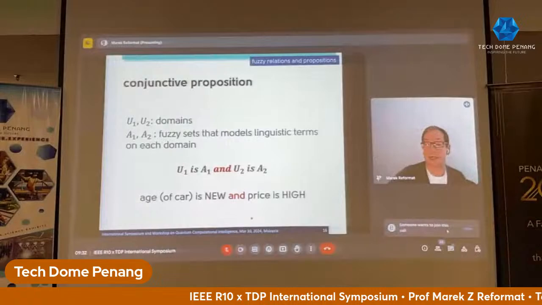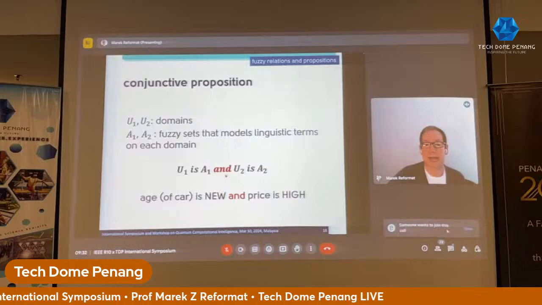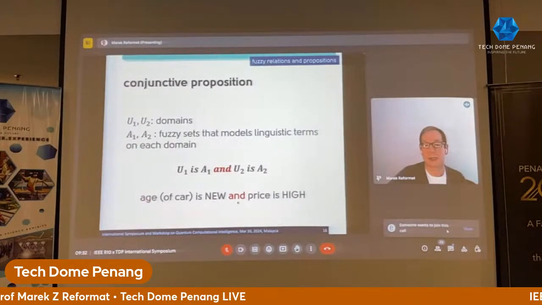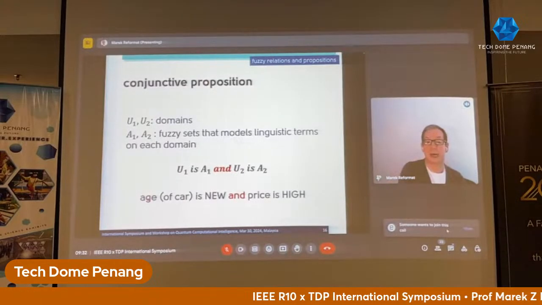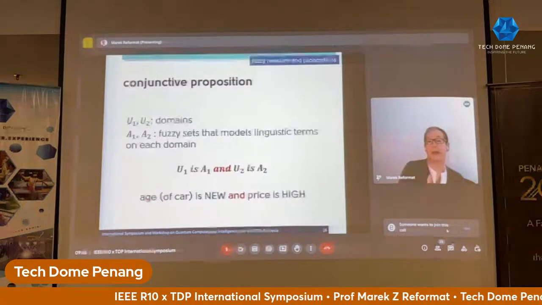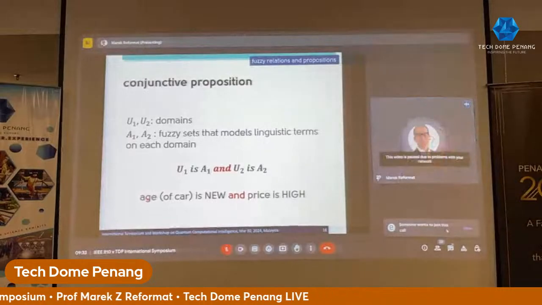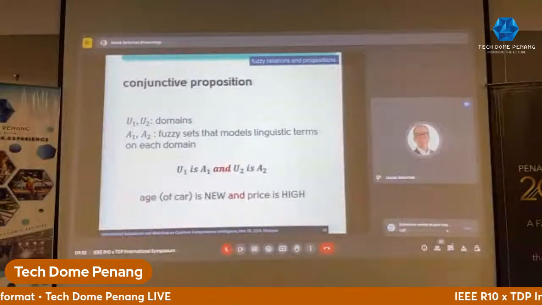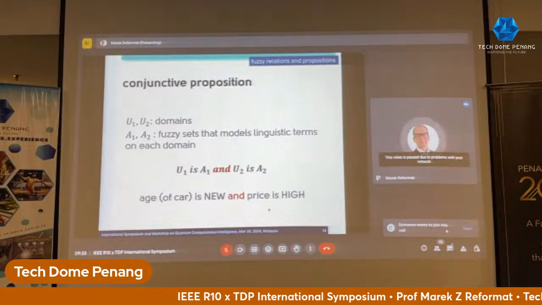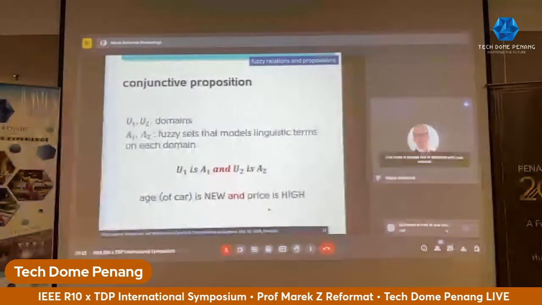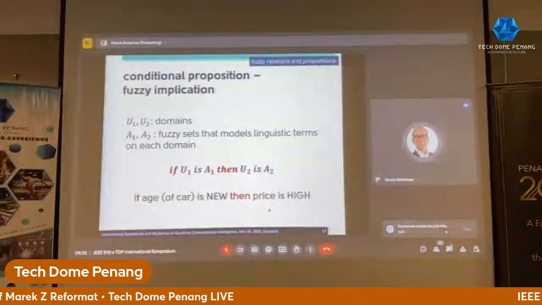So, for example, the things we had before, we can combine using a logic operator, and we can consider the age of the car in one domain, for the class new, and then also the car type on another domain, representing the class.